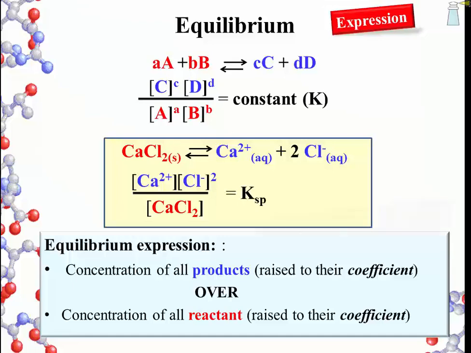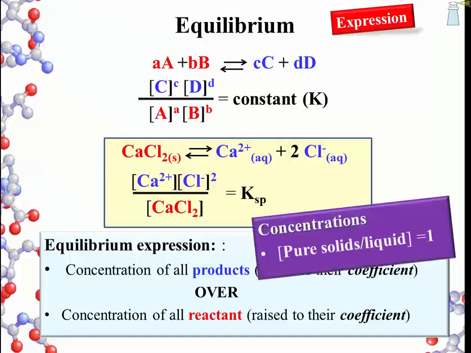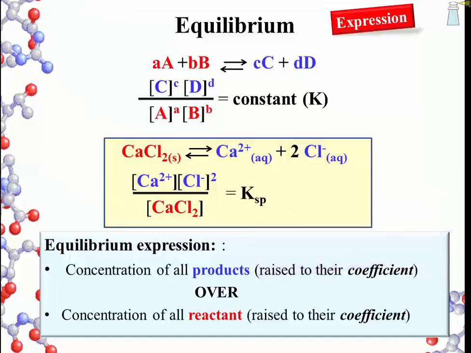One more point here. When dealing with pure solids or liquids, the concentration is 1. Calcium chloride is a pure substance and will have a concentration of 1. Mathematically, we can ignore the multiplication or division by 1. It is a common practice in setting up equilibrium expressions to ignore compounds with a concentration of 1.